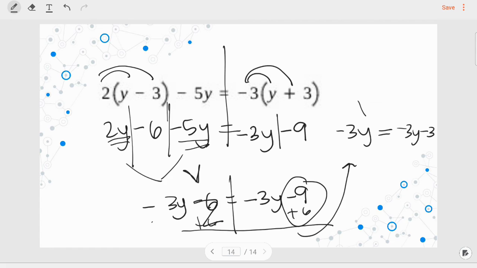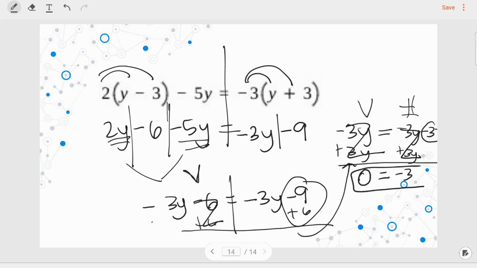If this is my variable side and this is my number side, I'm going to get rid of the 3y. Hey, notice that the variables cancel out. There's a big fat 0 over here. That zeroes out. There's not a big fat 0 over here because I have this negative 3 remaining. If I look at this equation right here, 0 does not equal negative 3. This is a false statement. So there is no solution.